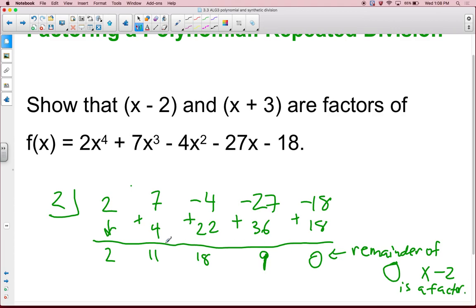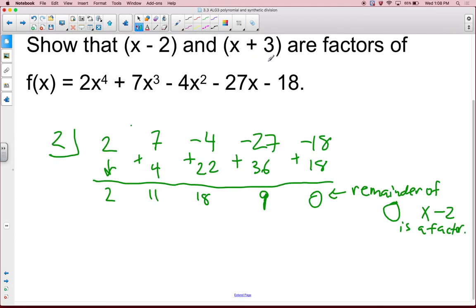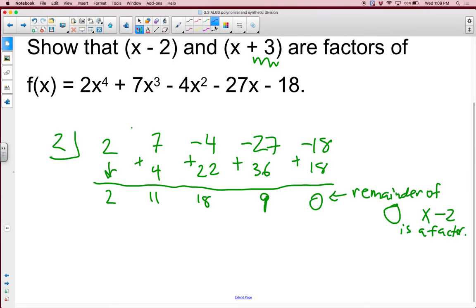Okay, so the next thing you're going to do here is test this one. In order to test that, we're going to use -3, and we're going to use these values here. This was your remainder. This is your constant, linear, quadratic, and cubic terms.